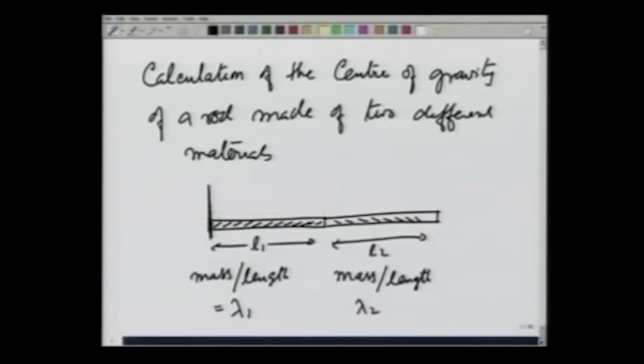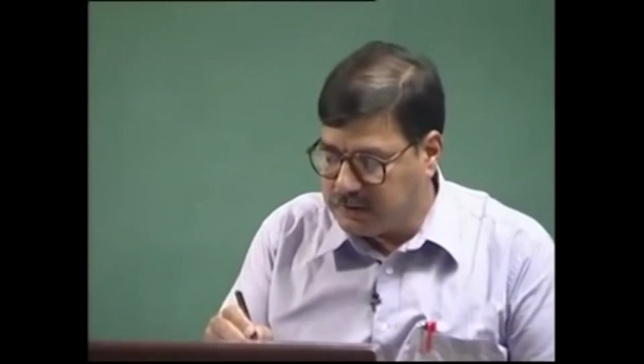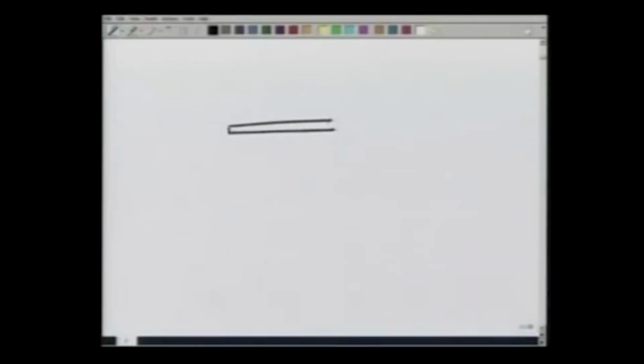Starting from this point, let us say this is our x axis, this is our y axis, on which I will be showing the load, and this is x equal to 0. Let me go to the next page and show this rod, black here, of length L1 and blue part for the other, of length L2. Mass per unit length is lambda 1 here, lambda 2 here. My axis is starting from here and going this way.